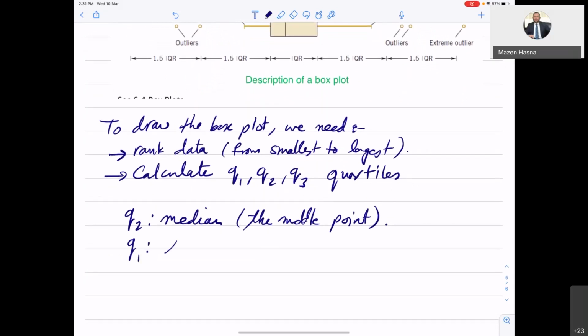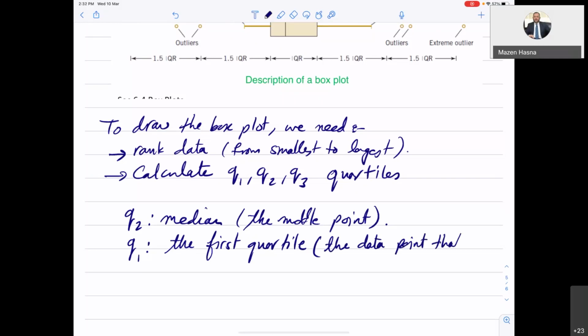Q1 is the first quartile. What's the first quartile? It is the data point that splits the first 25% of the data.